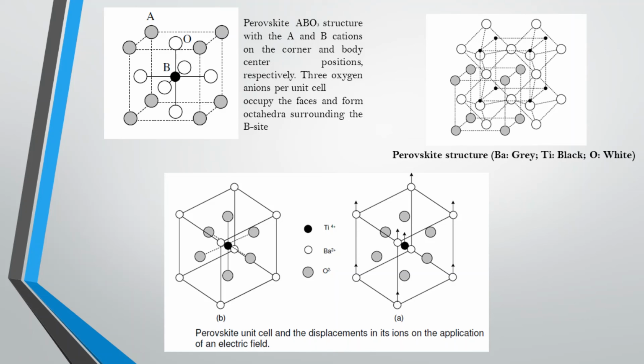Gray is barium, Ti is indicated as black, and white indicates oxygen in the picture. On application of an electric field, you can see the displacement from the picture. The perovskite structured materials have many applications.